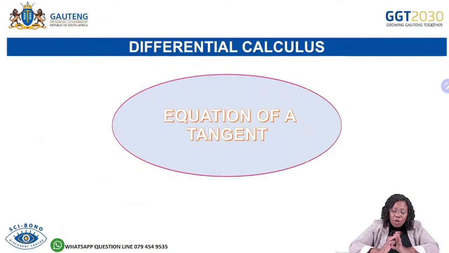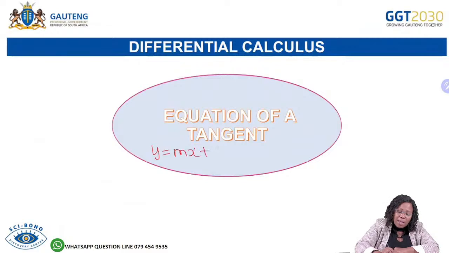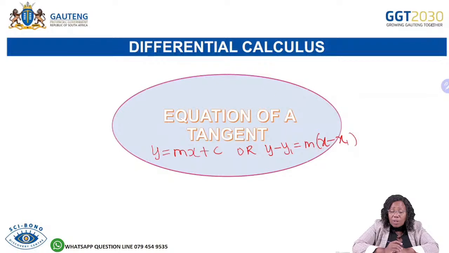Okay, so for the equation of a tangent, we are basically looking for the equation of the straight line y = mx + c, or it can be written as y - y1 = m(x - x1). And we know, grade 12, in order to find this equation, you must have a gradient and a point. Then you will be able to find the equation of a tangent.